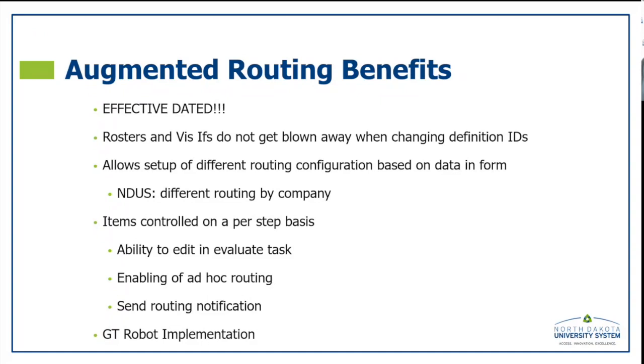One of the features we like the most is that on a per step basis, you can control certain items. So on a per step basis, we can decide if that evaluator should have the ability to edit the form, if they should have the ability to add ad hoc approvers, and if we want to send a routing notification to that step.